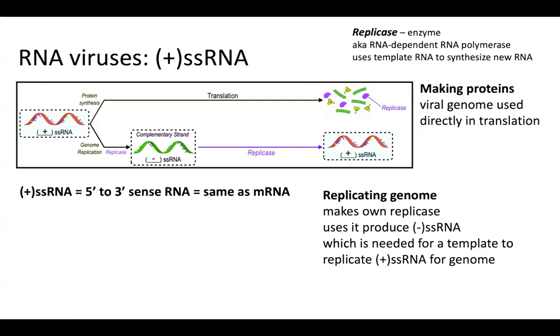Then it can use this negative strand as a template to build more of the genome, the positive sense single-strand RNA. And because it's building complementary RNA from an RNA template, it is going to use the replicase that it made to make more copies of that genome.